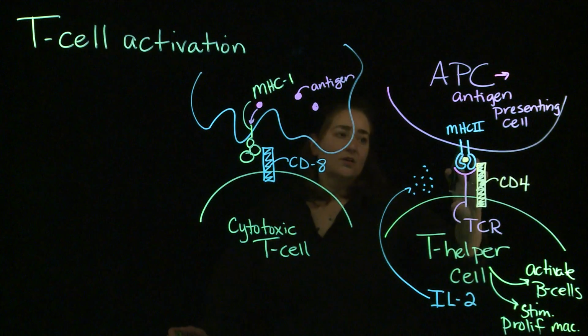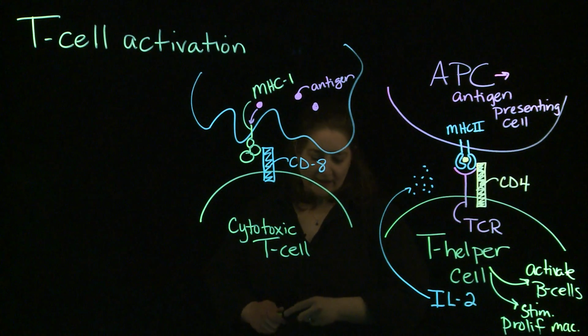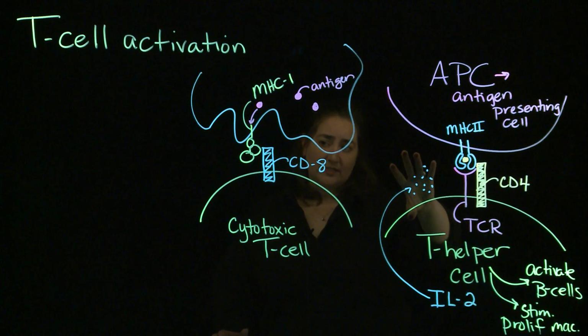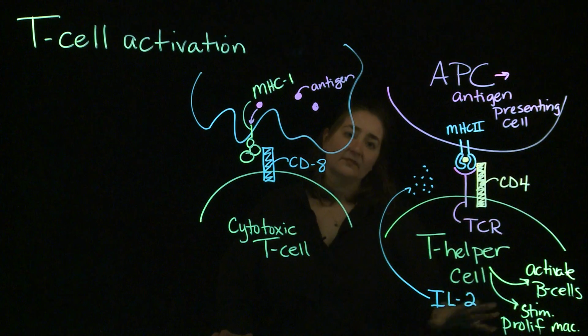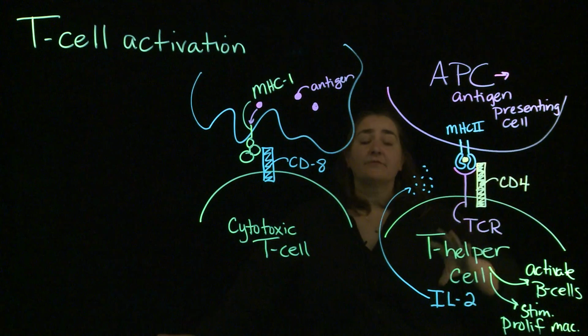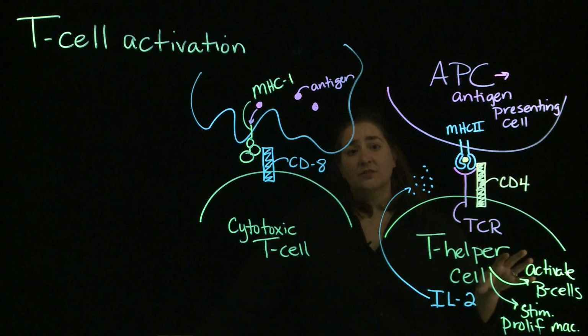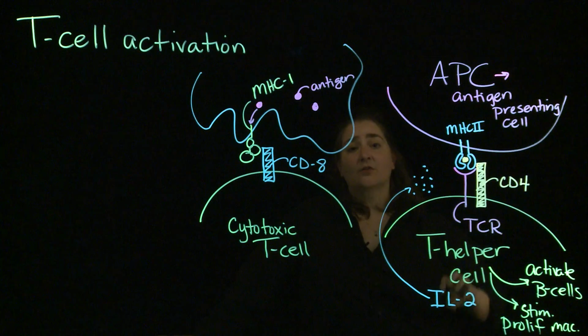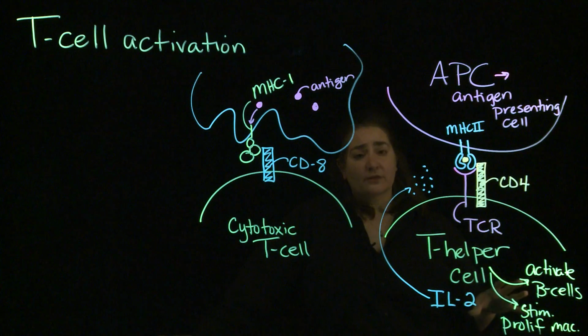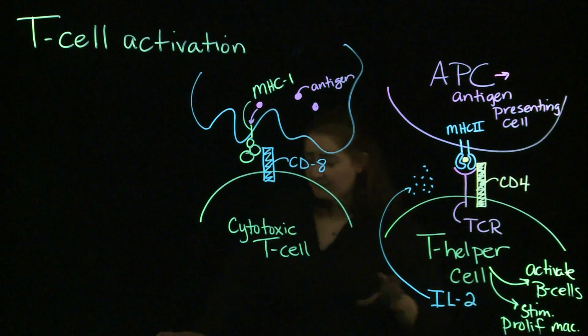So we've got a complex there at the cell membrane that has to come together to release the cytokines. And then that T helper cell is going to go off and activate parts of the immune system like the B cell or increase phagocytosis with the phagocytic cells.